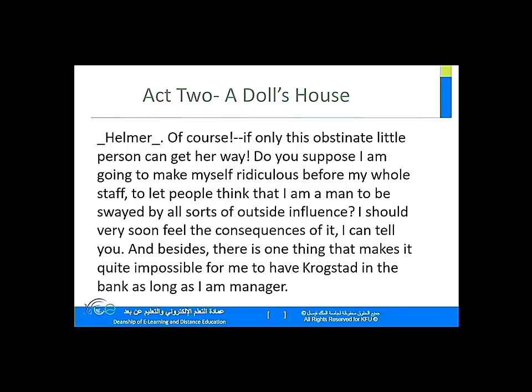Now, refreshing your memory about what happened before this dialogue between Helmer and Nora, we know that Nora got a loan from a bank from someone called Krogstad. And she got that money because she wanted to save the life of her husband, who was seriously ill at that time.